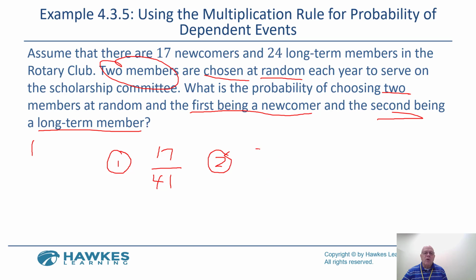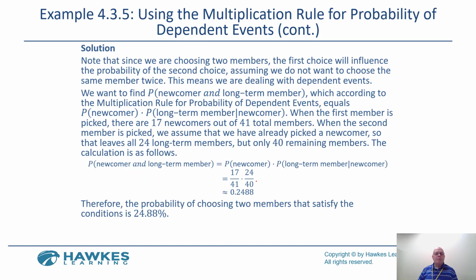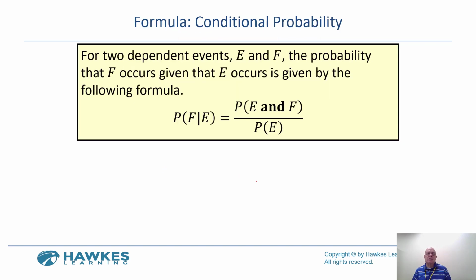Well, there's still 24 long-term members there, but there are only 40 in those 2 categories left. You're doing one after the other, so you multiply those 2 together, and your chances are about 24.88%, or about 25%, 1 chance out of 4, roughly, that satisfy the conditions.